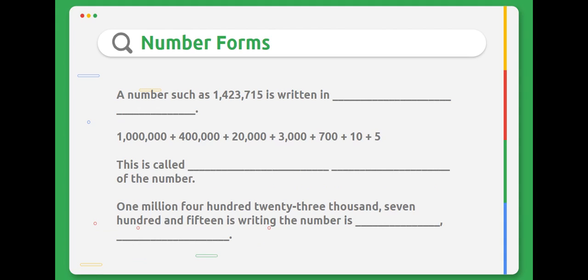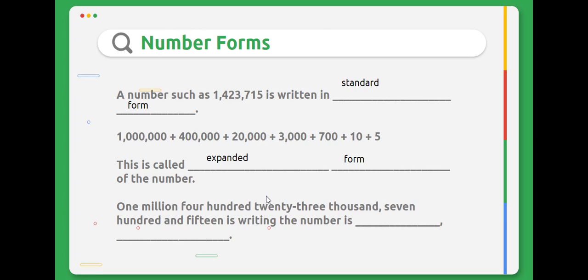All right, let's talk about number forms. There's 3 different ways that we can write a number. A number written in numbers like this is what we call standard form. So if something asks you to write it in standard form, you're going to use numbers. Okay. Now looking down here at 1,000,000 plus 400,000 plus 20,000 plus 3,000 plus 700 plus 10 plus 5, we call this expanded form.